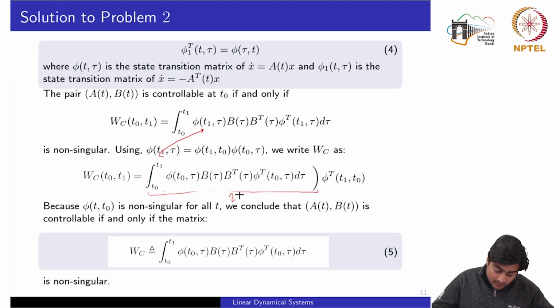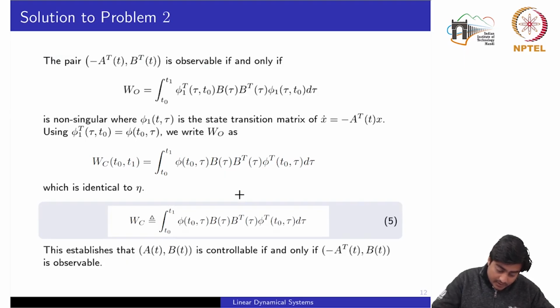Okay. Now coming to the observability Gramian of this pair, and using the relationship which we had obtained in equation 4, I can replace all these phi 1 by this phi with the time reversal, of course. So directly by replacing the phi 1 by all phi's, we obtain this W, which is nothing but equal to eta actually.